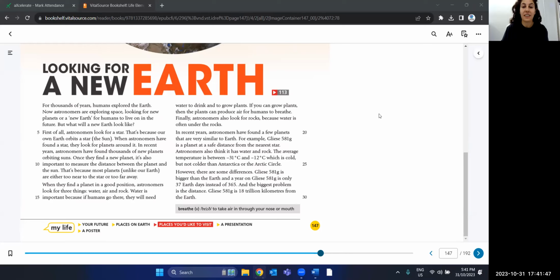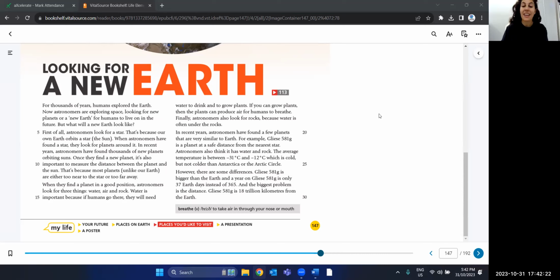Astronomers also think it has water and rock. The average temperature is between -31 degrees and -12 degrees, which is cold, but not colder than Antarctica or the Arctic Circle.